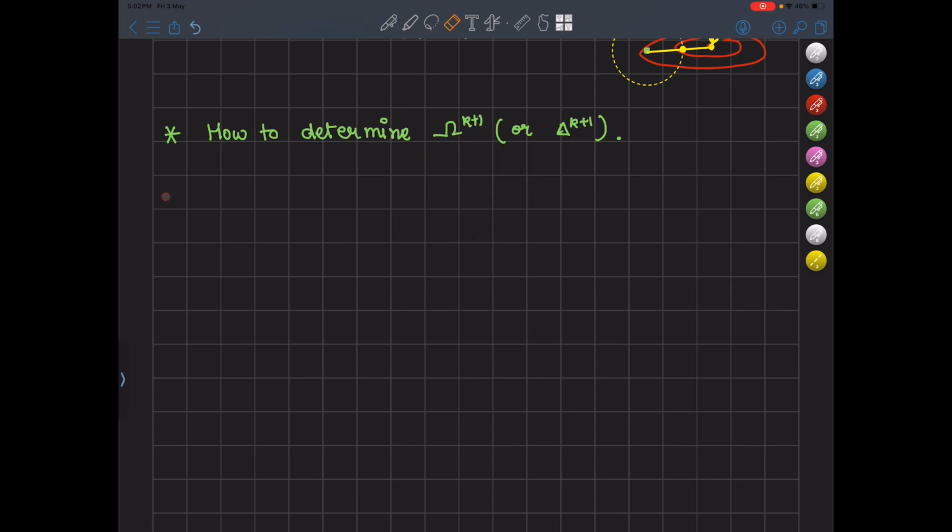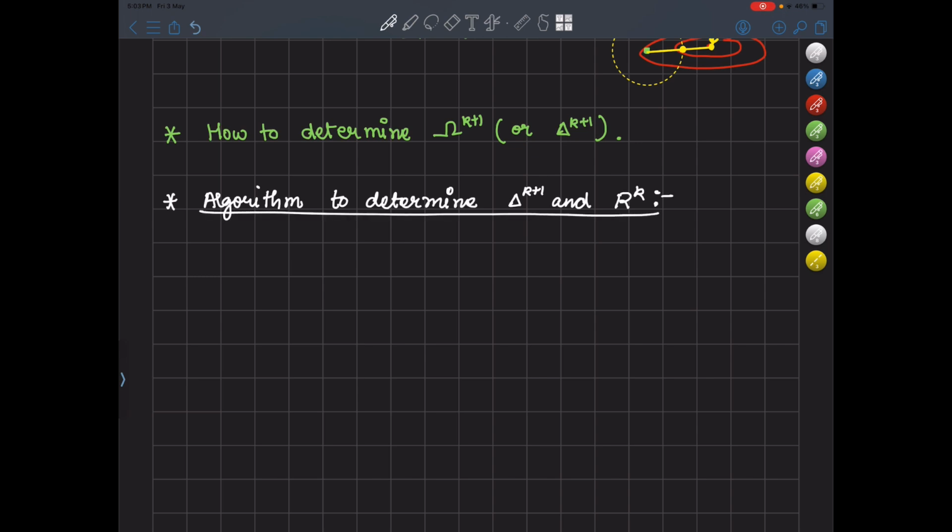The algorithm to determine delta k plus 1 and rk. We'll see what rk is. Here rk is basically a relative reduction in the values of functions.